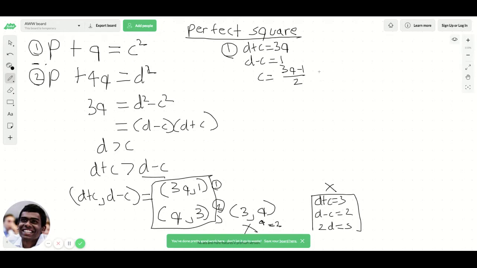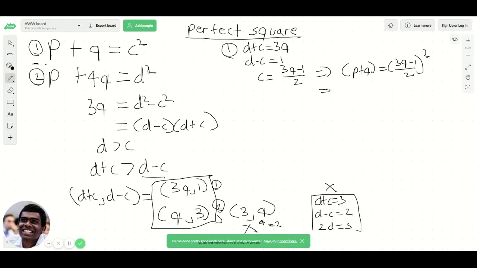What that means is that p plus q is equal to ((3q minus 1) over 2) all squared.